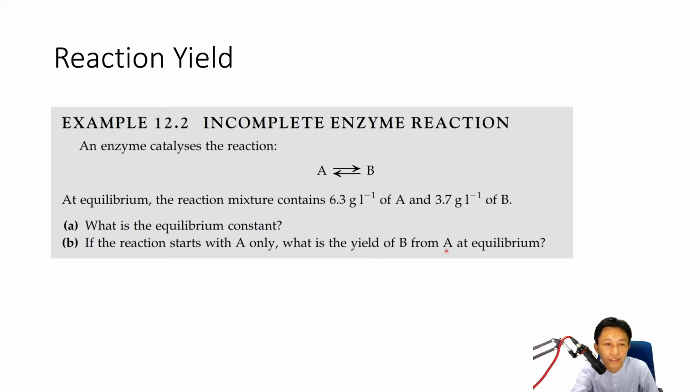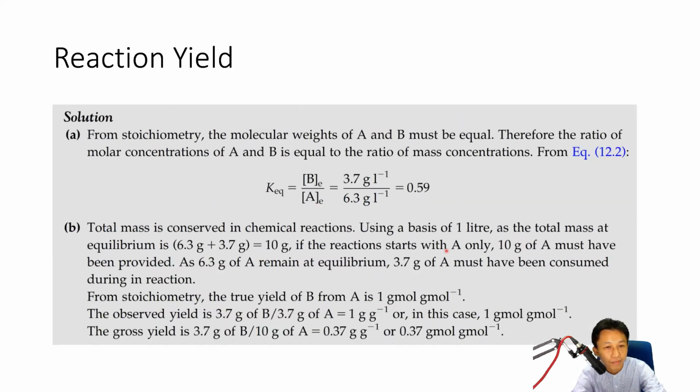So we see the example. At equilibrium, as I mentioned, B divided by A is 0.59. Okay.